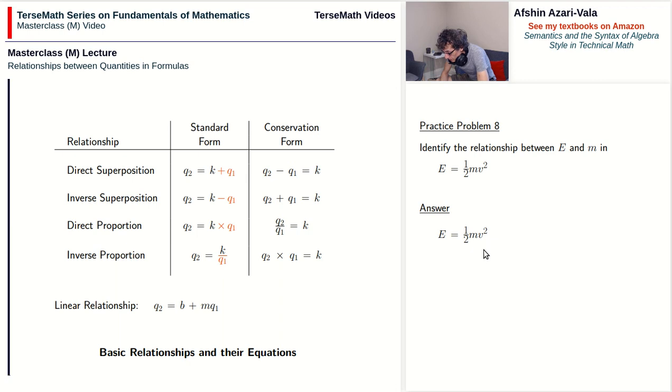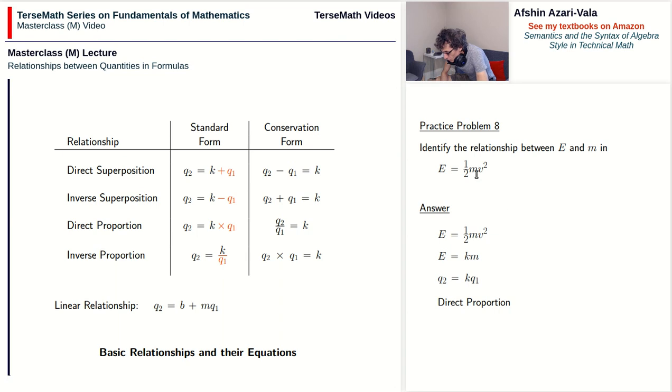Within this term, there are three factors: 1/2, m, and v squared. We turn the ones that don't have m in them into a constant. That would be 1/2 times v squared. And this is the equation for direct proportion.